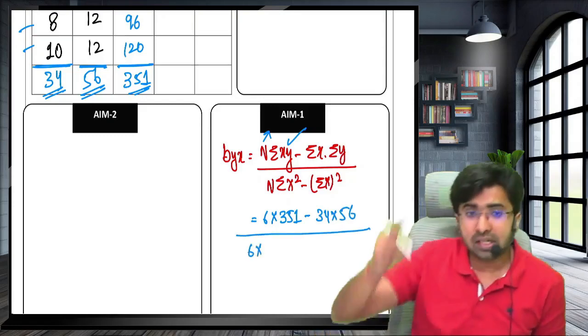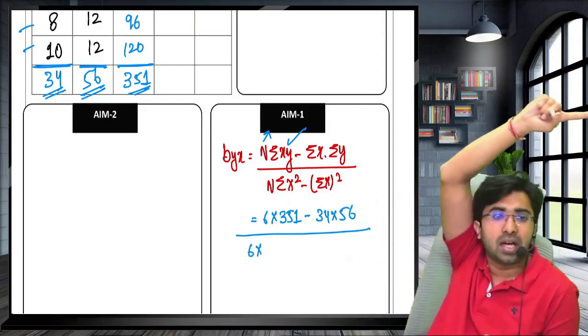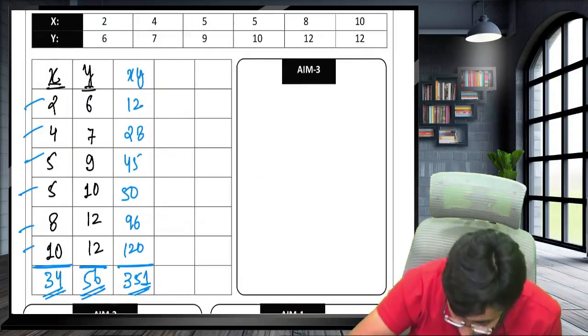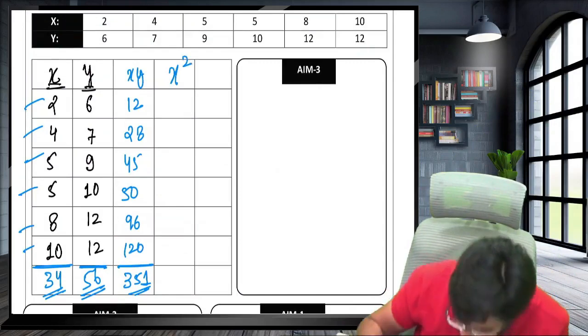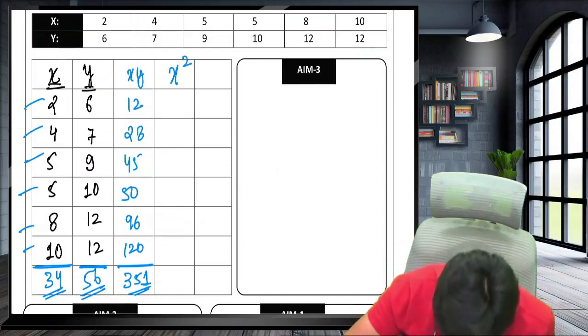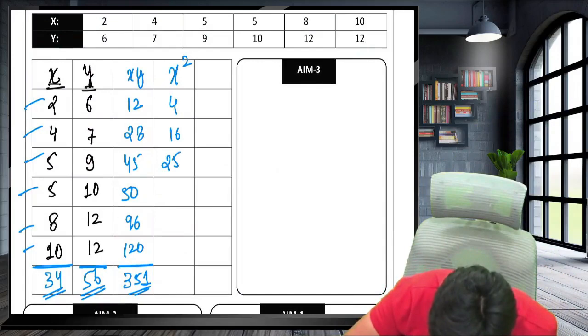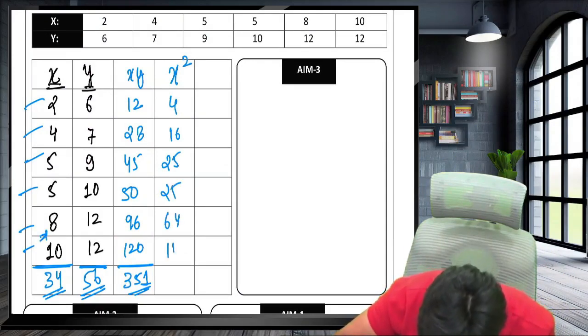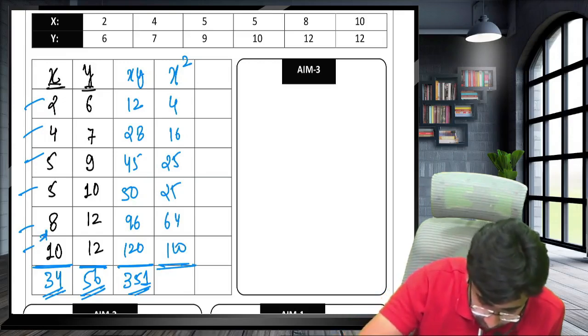Now I need x square summation. Let's check: 2 square is 4, 4 square is 16, 5 square is 25, 5 square is 25, 8 square is 64, 10 square is 100. It is 4 plus 16 plus 25 plus 25 plus 64 plus 100.